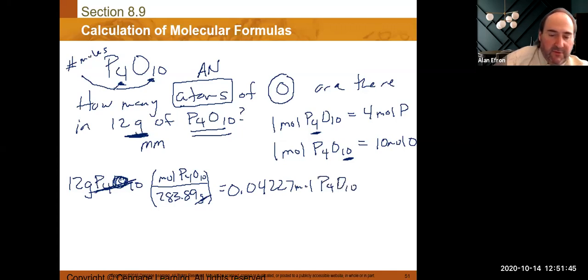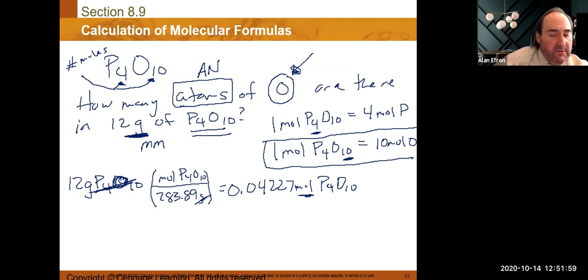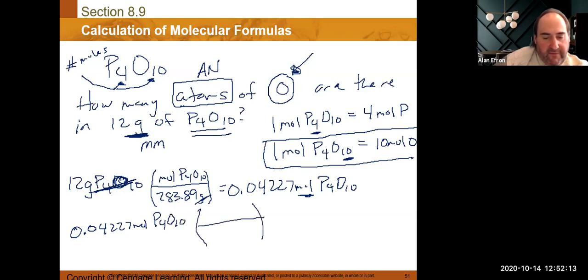Again, here we are not interested in the entire thing. We're interested in just the oxygen part. But now that I have it in moles, I could use that relationship from the formula to go from the whole thing to just the oxygen part. So 0.04227 moles P4O10, again using the formula as our conversion factor, 1 mole of the whole thing gives us 10 moles of oxygen in this particular case.